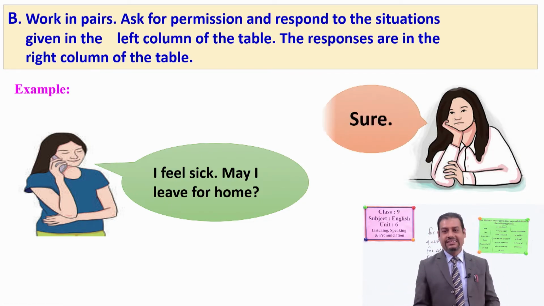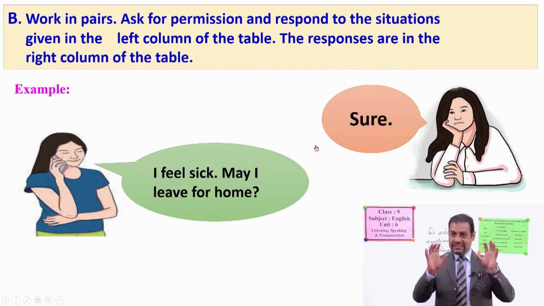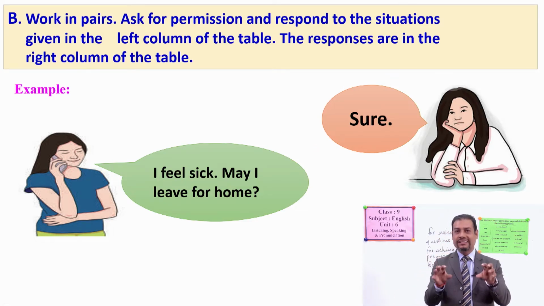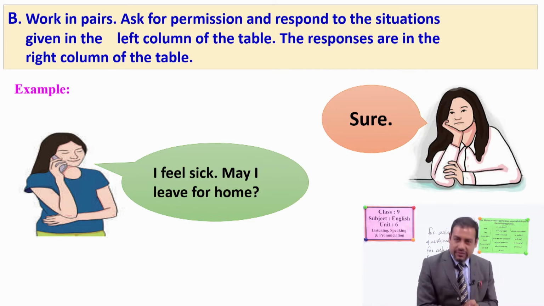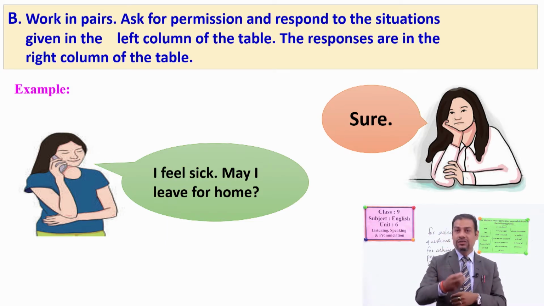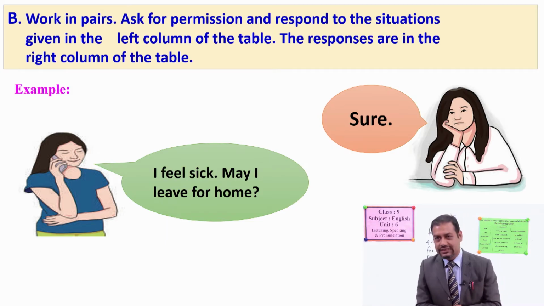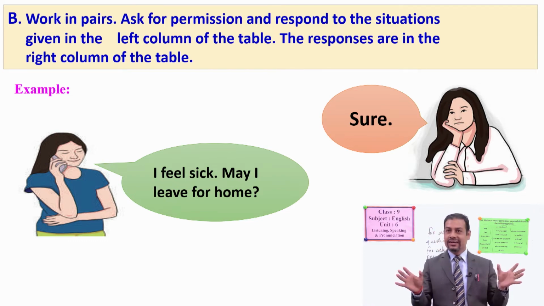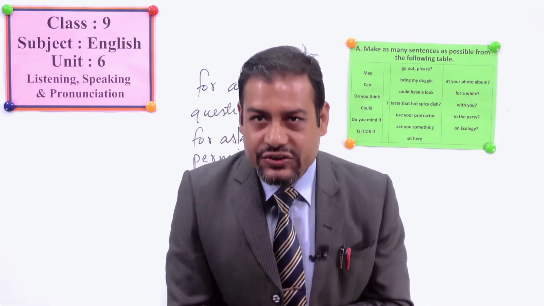Now she says here, sure, okay. It means that now she can go home. Is it clear, all of you? So now you have to practice asking permission, and you have to learn to respond to the permission. Is the idea clear to you?